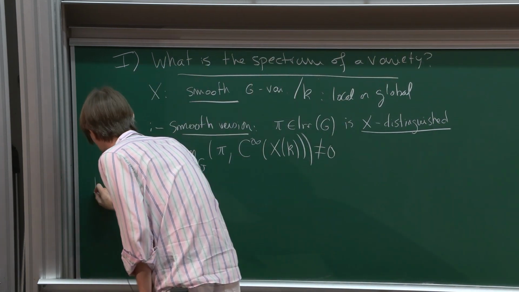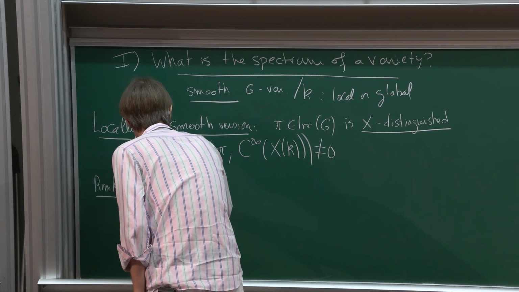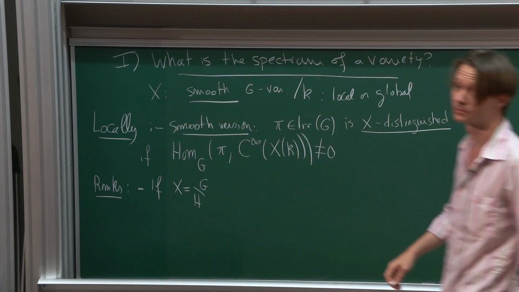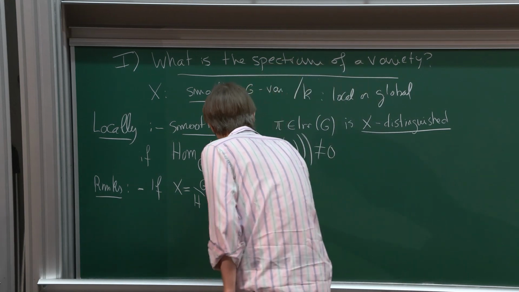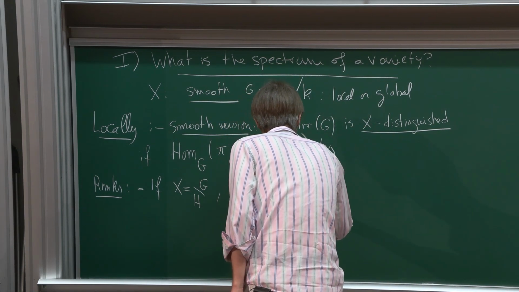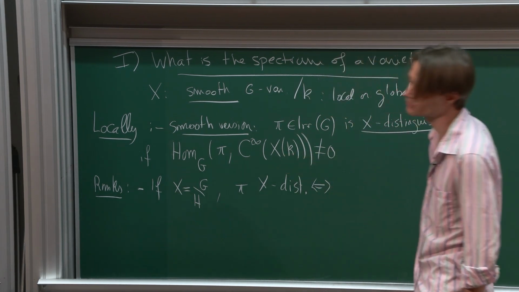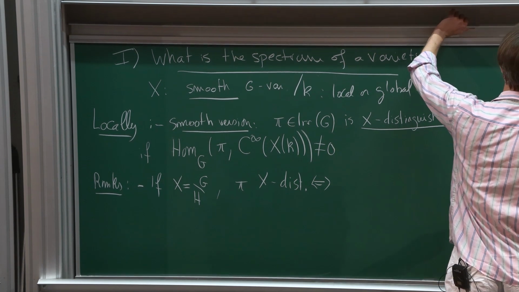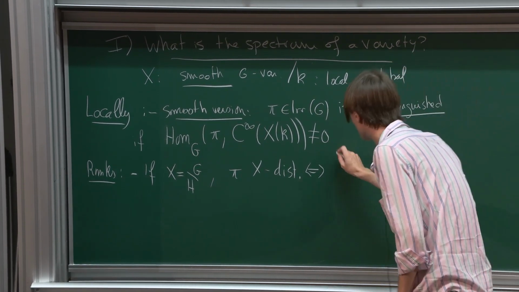So let me make a few remarks at this point. If X is homogeneous, as in the previous case, actually this can be dualized. So pi is X-distinguished because the space of smooth functions on X of K in this case is the smooth dual of the space of compactly supported smooth measures.